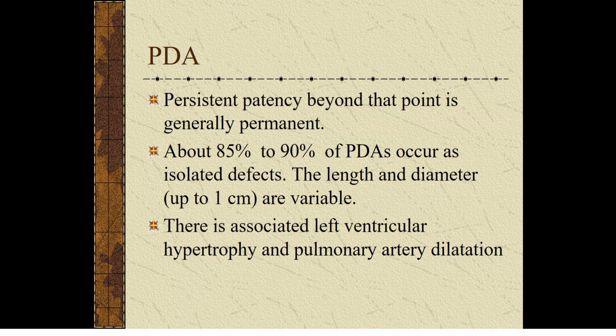About 85 to 90% of patent ductus arteriosus occur as isolated defects. The length and diameter, up to 1 cm, are variable. There is associated left ventricular hypertrophy and pulmonary artery dilatation.